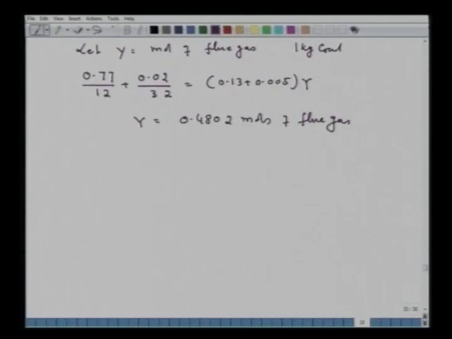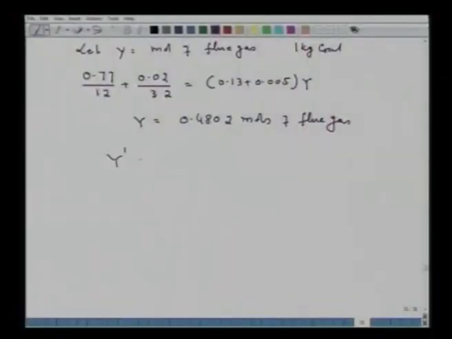Now, once I know this for the normal operation, when the door was opened I am again given the analysis of the products of combustion. So, I can calculate Y dash when the door was opened. This will be equal to 0.564 moles.